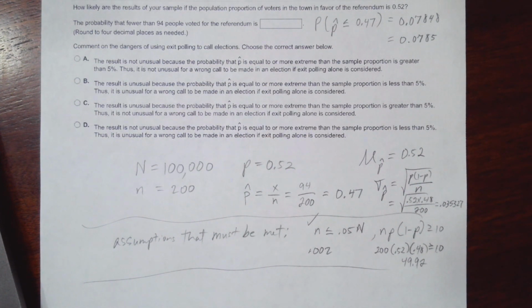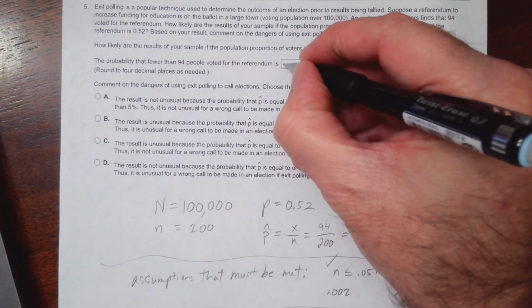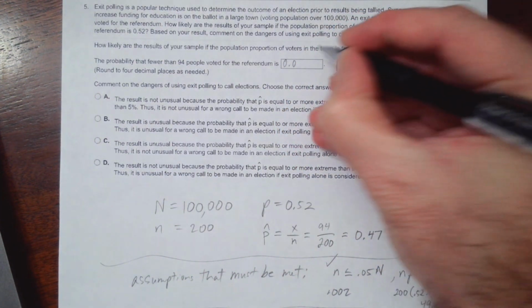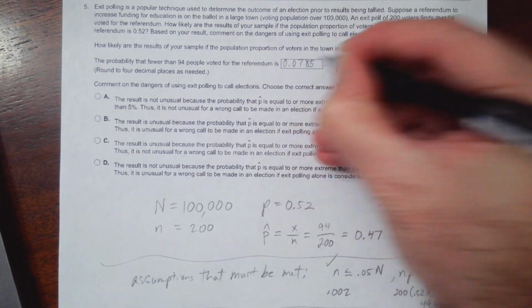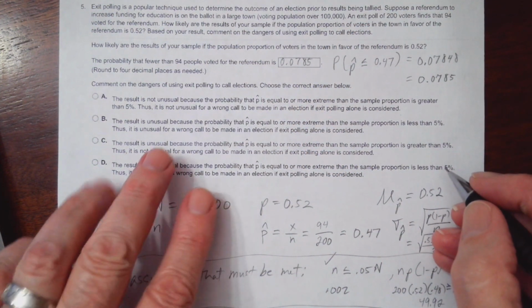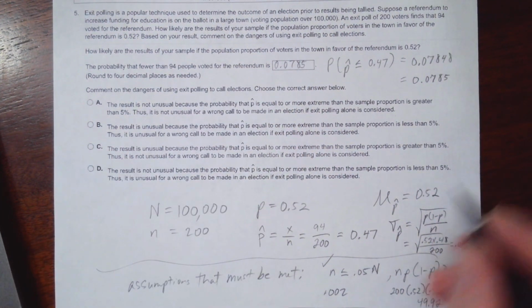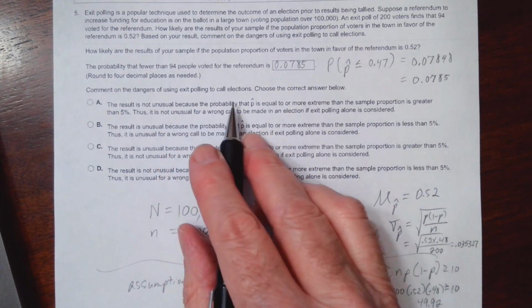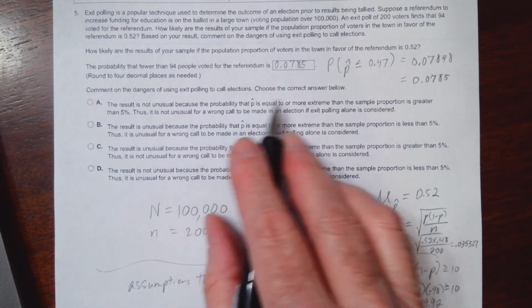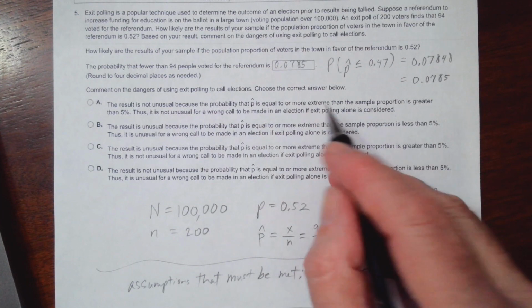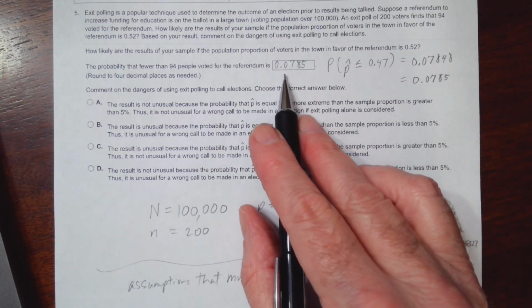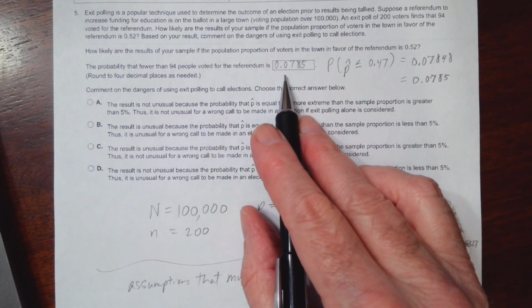All right, let me go back. So this is 0.0785. So comment on the dangers of using exit polling to call elections. Choose the correct answer. So notice that this probability is not less than 5%, so it's not considered unusual.